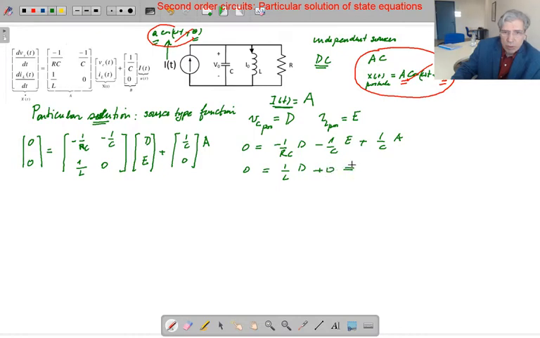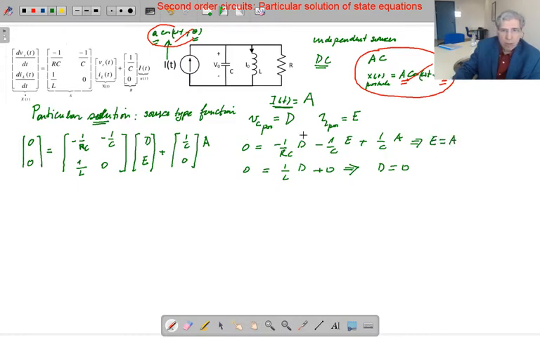So from this one, we can say that D is equal to 0, isn't it? That's 0, so D equals 0. Why is it so? 1 over L is a constant and different from 0, so you could take this out. When D is equal to 0, that means this term is 0, and if you multiply that with C, from this you can find out E is equal to A.